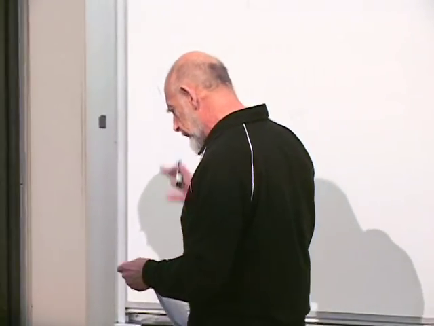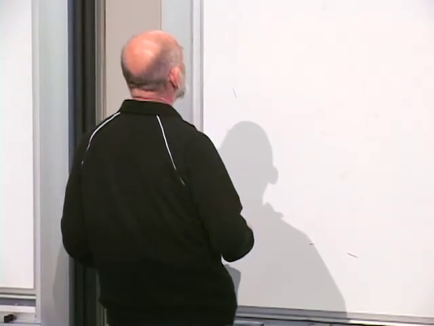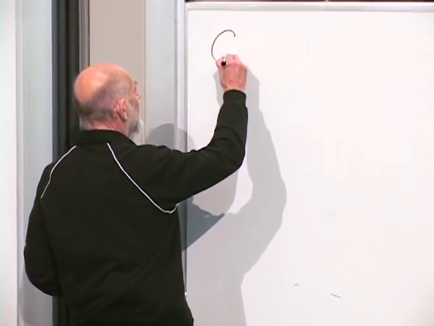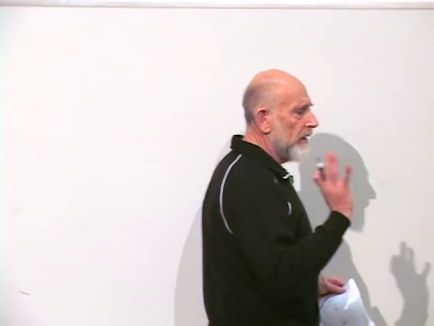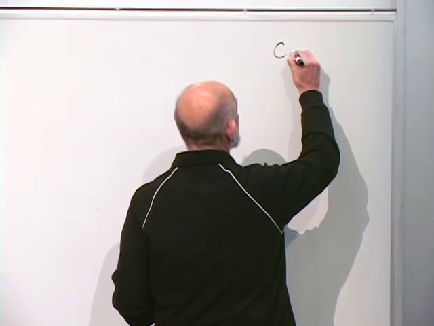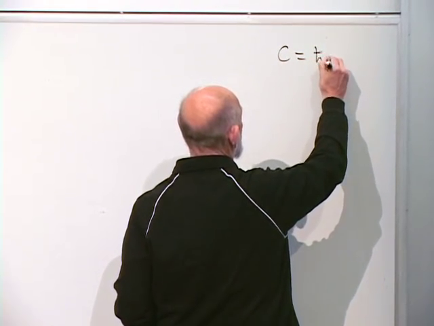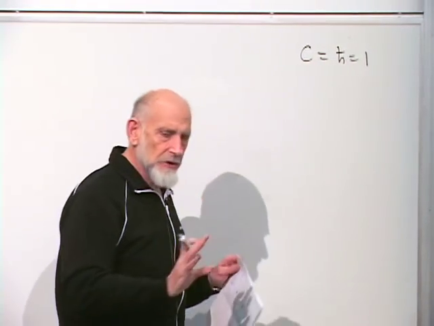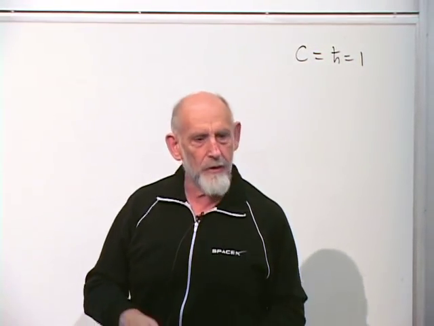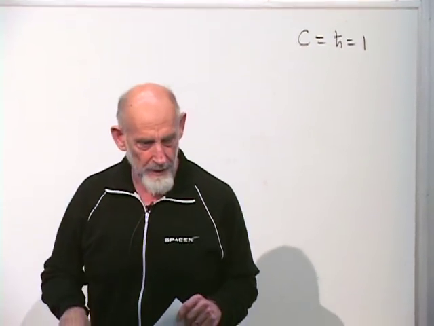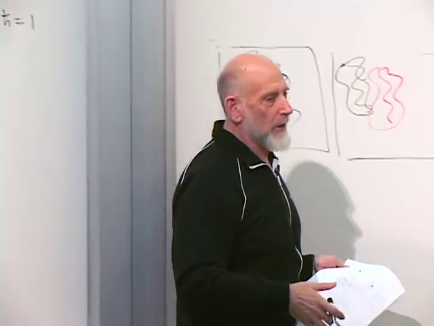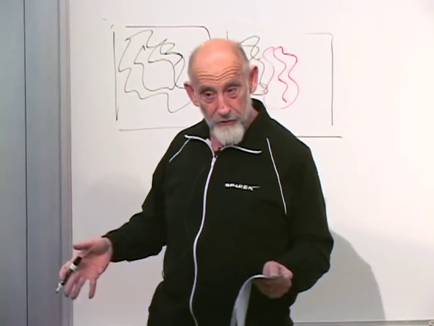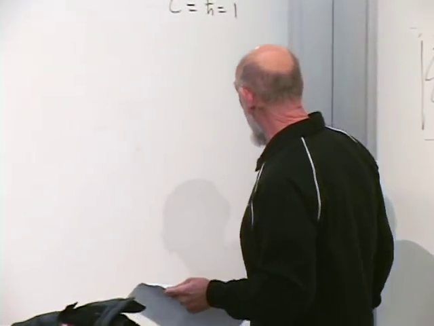All right, let's write the first equation. G is Newton's constant. We're going to work in units in which c equals h bar equals 1. I'm not going to set Newton's constant equal to 1. We'll leave that floating. All right? So c is 1 because, why is c 1? Because we measure space and time in the same units, and so the speed of light is 1.